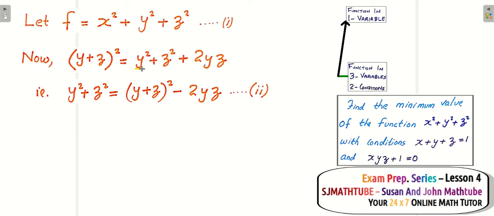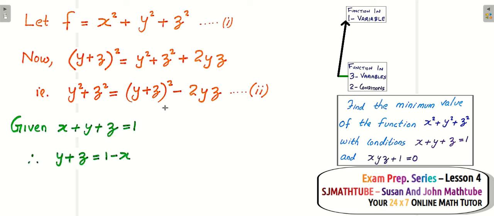And from here, what I did is I found y square plus z square because I am planning to write this in terms of x. And this is our first condition. And from here, I'll be able to extract y plus z. And that is 1 minus x.